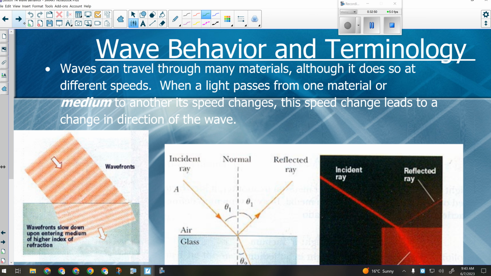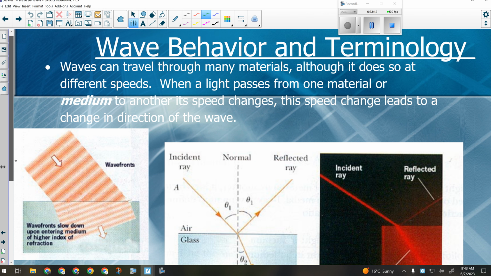Can the wave energy go into the wall easily from the bungee cord? So most of it will reflect off. Very little of it will be passed through. So that's called partial reflection, partial transmission. All right, everybody with me so far?